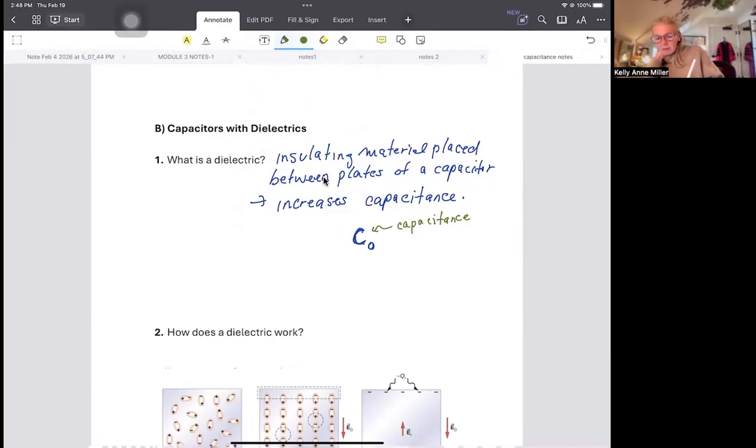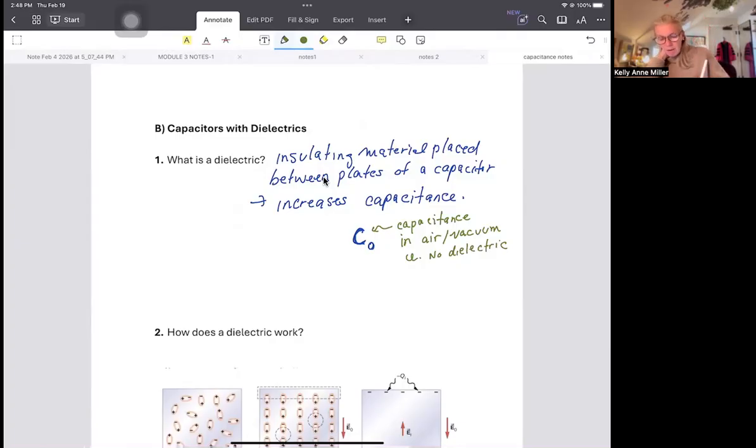So it's basically the capacitance in air or a vacuum, i.e., there's nothing in between the plates, no dielectric. It's just air in between the plates.